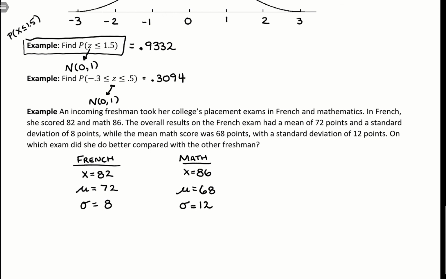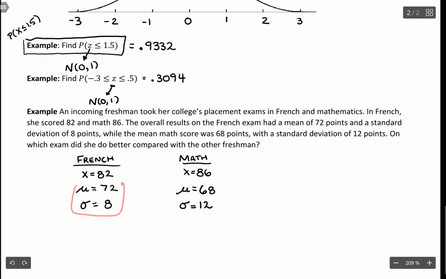So in terms of figuring out which exam she did better on, we can't just compare the 82 to the 86. Even though that's showing the math score is better, what we need to take into account is what do we expect and how does it spread for the students? For the French exam, we expect them to get a 72, and on average that deviates by 8.